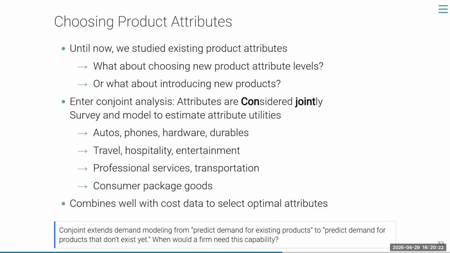This is also really, really popular in categories with large numbers of attributes, so large attribute spaces. So deciding what types of rooms get built into a hotel and how those different room attributes interact with intangible service attributes, and then how those get priced.